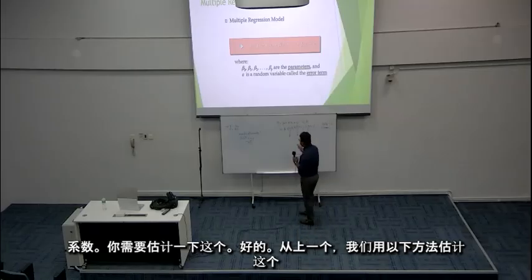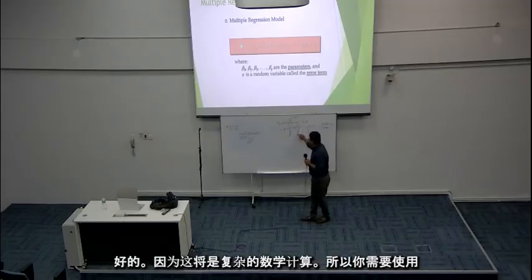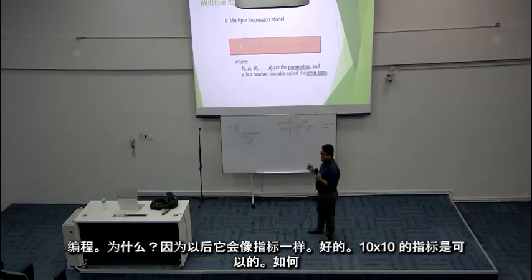From the previous lesson, we estimated this by using the OLS, the ordinary least squares method. But for today, you cannot simplify this, because it involves complex mathematical calculation, so you need to use programming. Why?